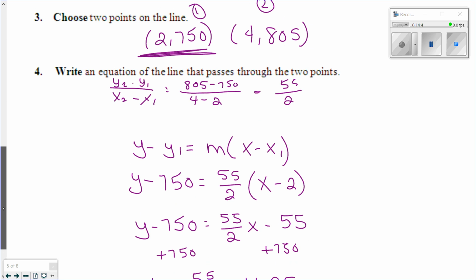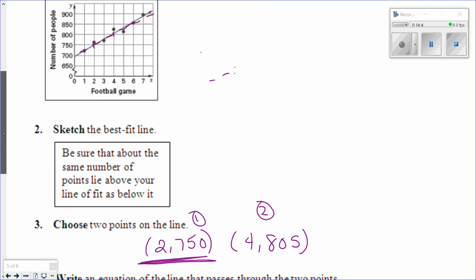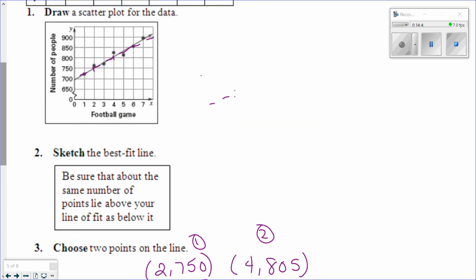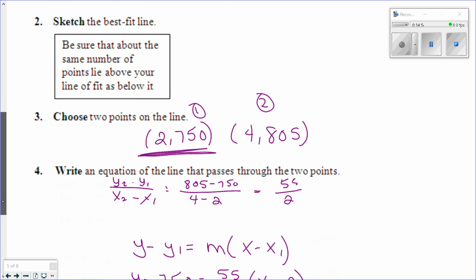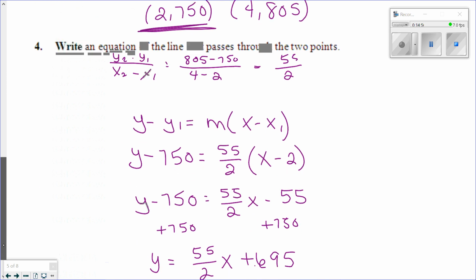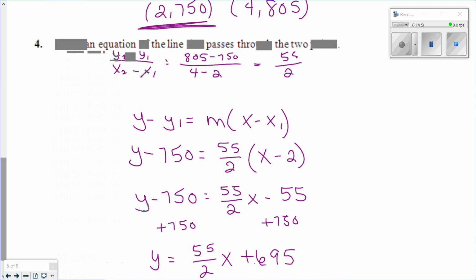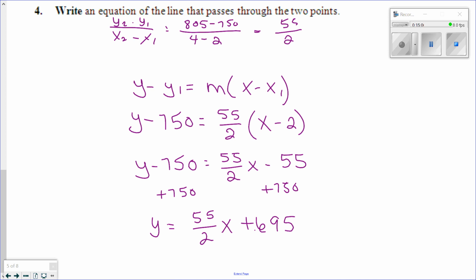So if I look back up at my line, that looks like it might be about where my y-intercept is. Maybe it's off a couple of people, but it's pretty close. So actually I should use y approximately equals, since I don't have exact data points for my line.